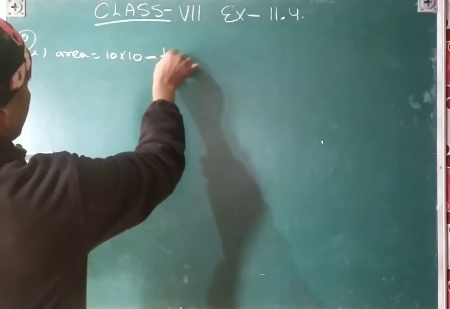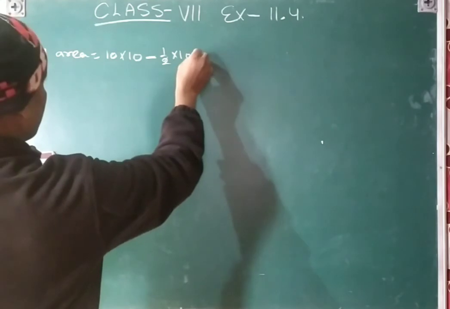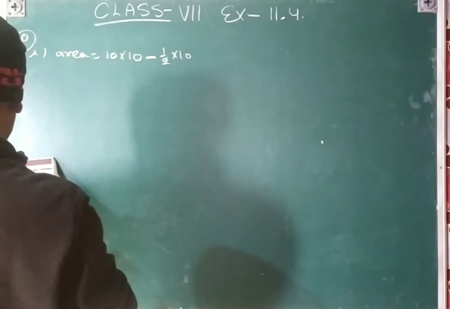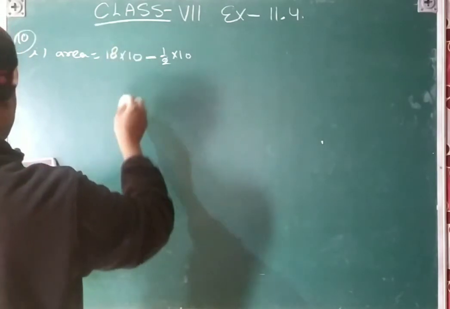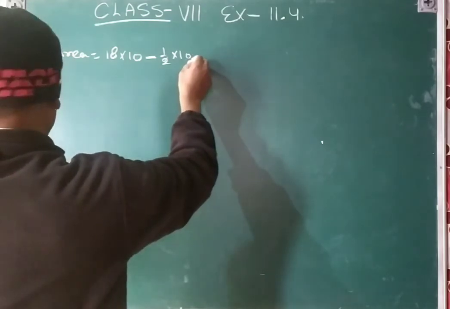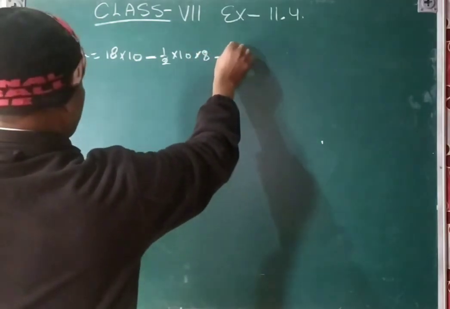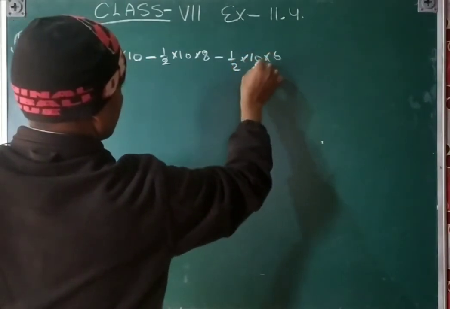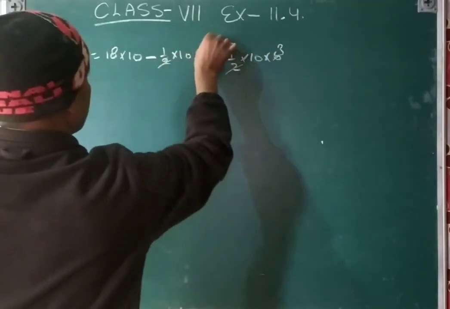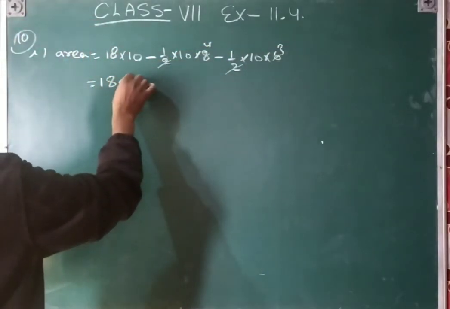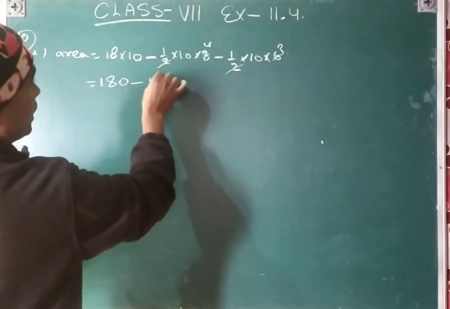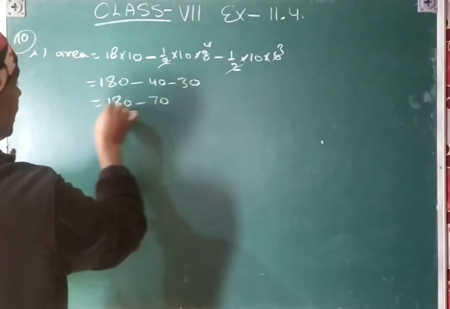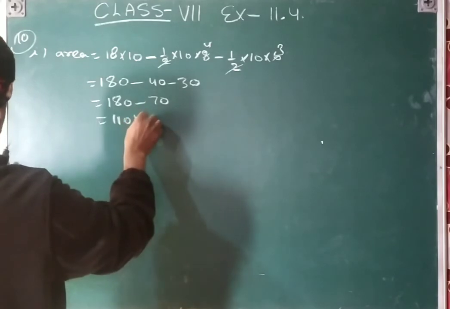That is 1 upon 2 into base 10 and 8, minus 1 upon 2 into 10 into 6, another triangle. So 40 minus 30, so 100 minus 70, that will be 30 centimeter square.